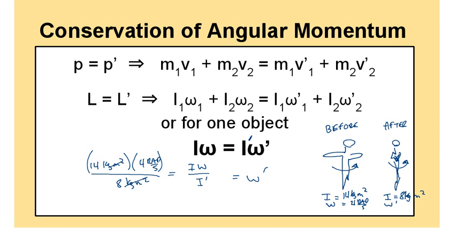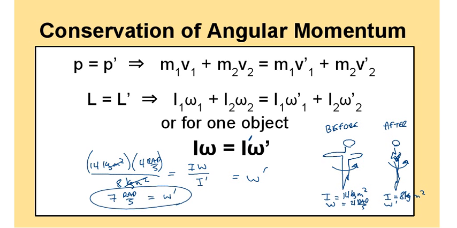The units of moment of inertia cancel out here, and I'd be divided by 2, so this would be 7 radians per second for the new angular velocity. We were spinning at 4, and it went down. Did I get all the numbers right? Guess so. 14. Yeah, okay. Yeah, we're good.